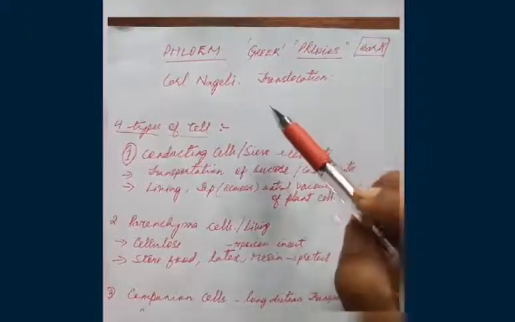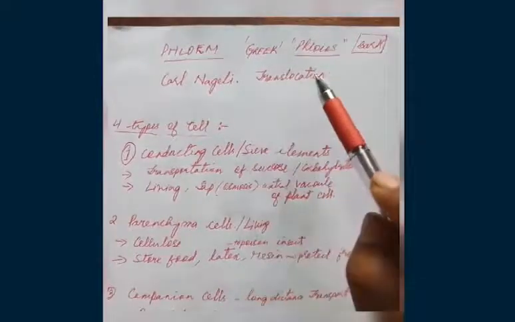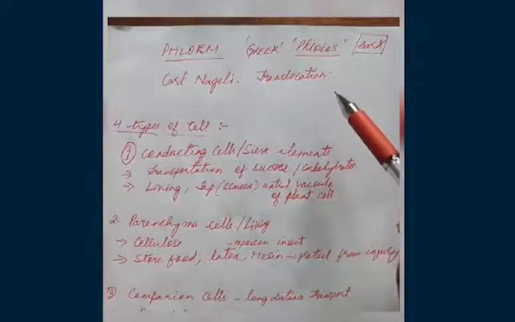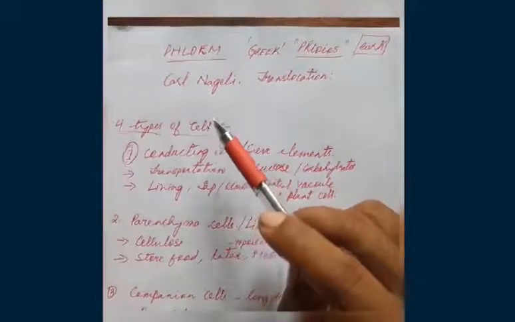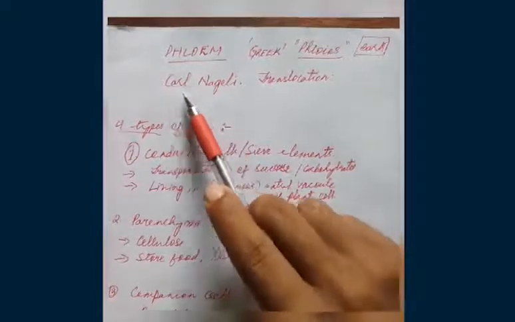Just by looking at or knowing the meaning of this term phloem, we could understand what kind of tissue this is, whether it is a hard or a soft tissue. And this tissue was also discovered by Carl Nageli.